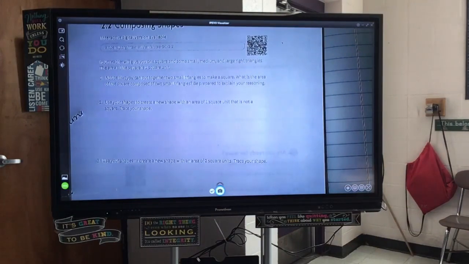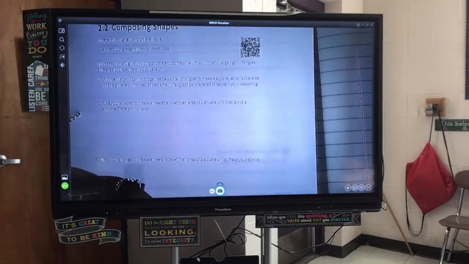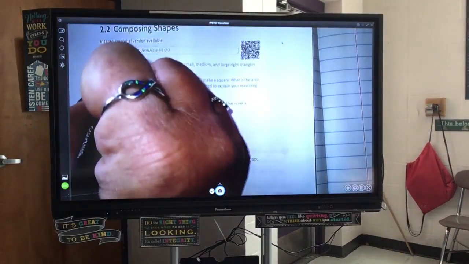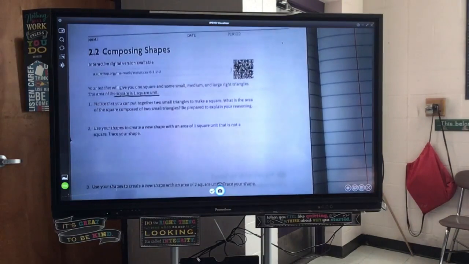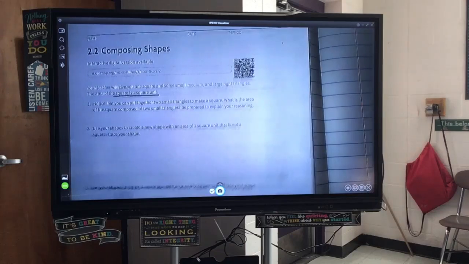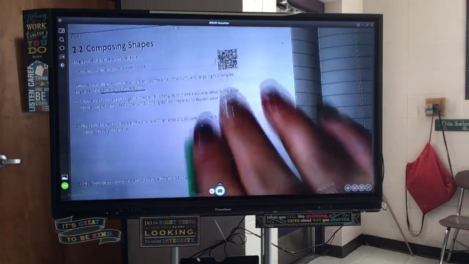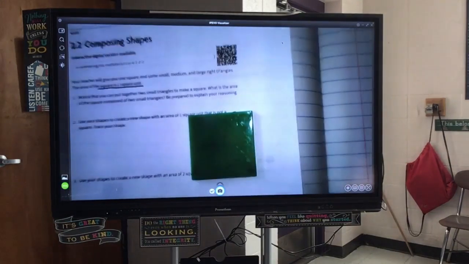The last part that we did not read while you were excited to play with your new math manipulatives was that the area of the square is 1 square unit. So separate your square from the rest of the shapes. All right, so this square is 1 square unit.